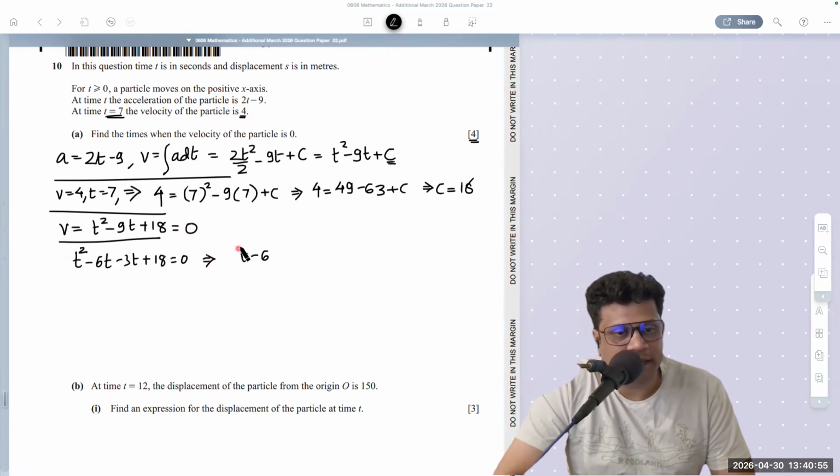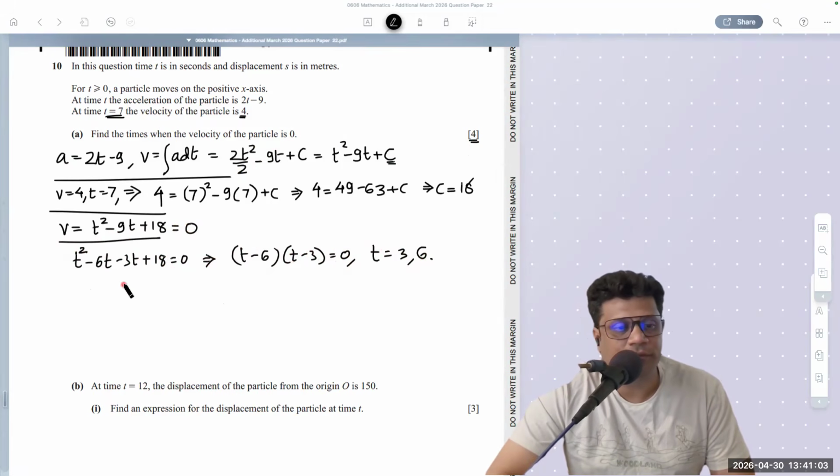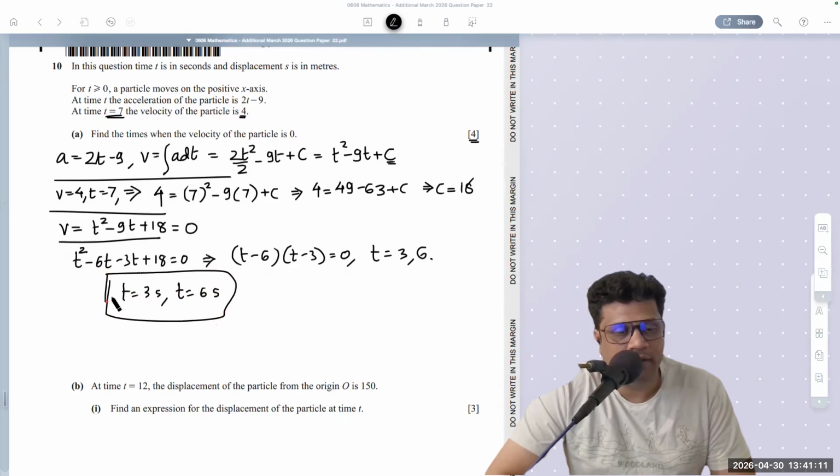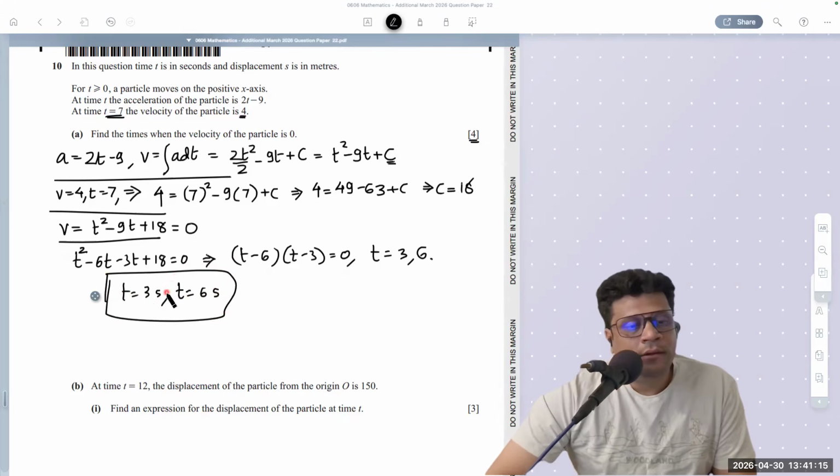So t minus 6 into t minus 3 is 0, t is 3 and 6. So those are the two: t equal to 3 seconds and t equal to 6 seconds are the times the velocity is 0.